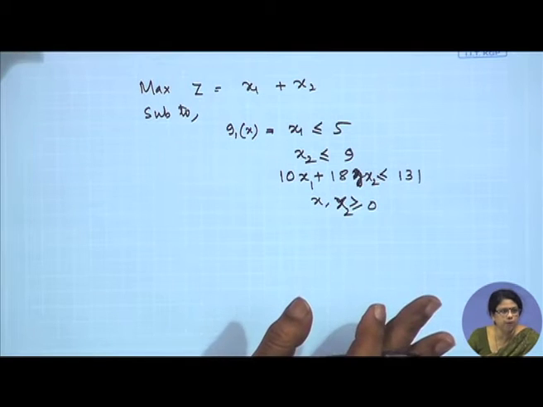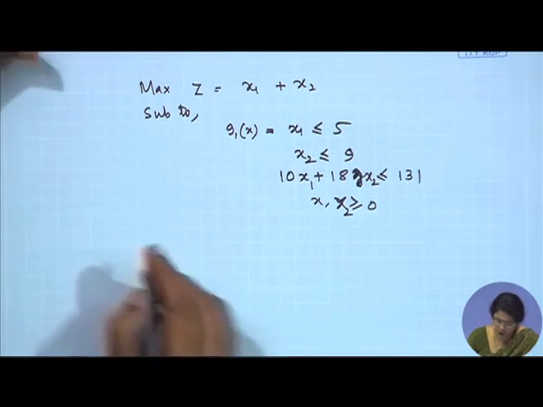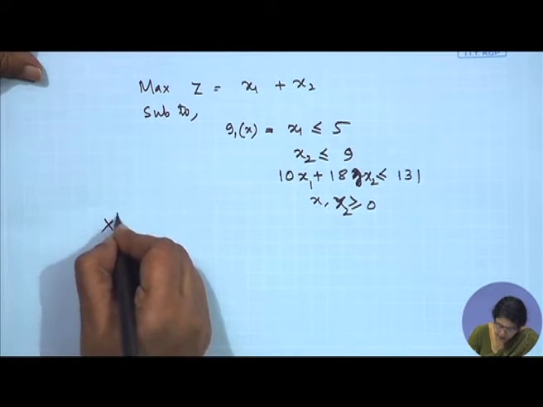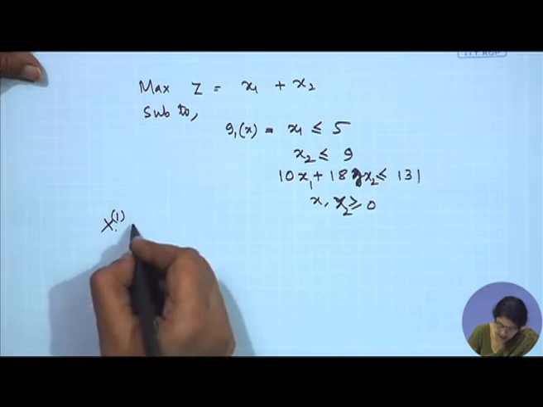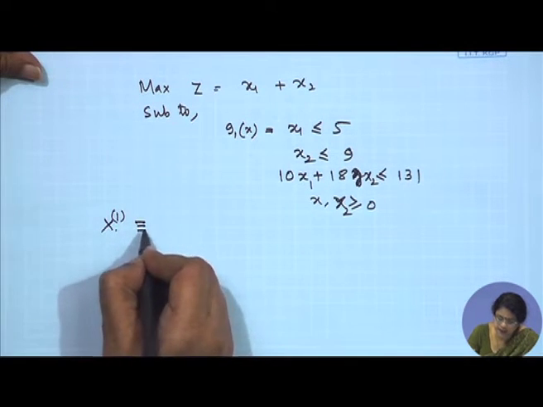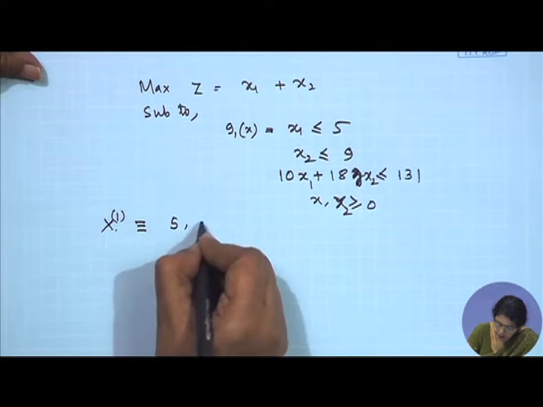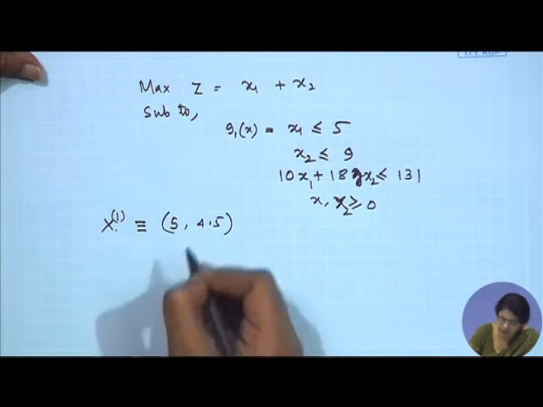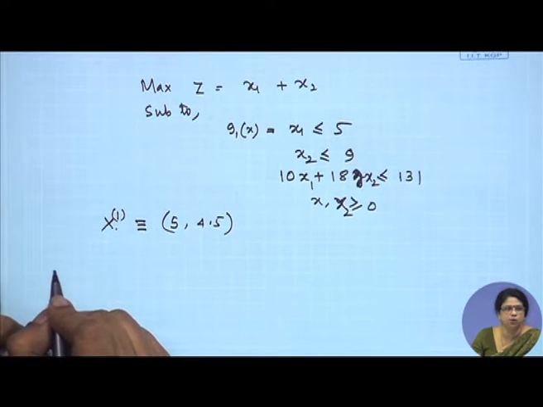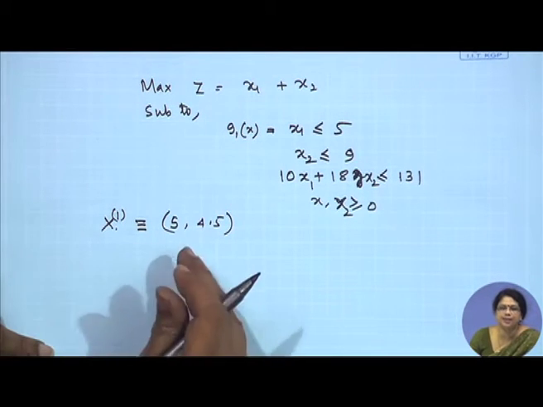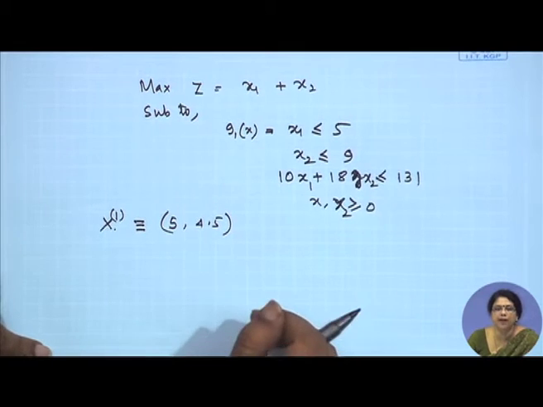If we solve this problem, this is a linear programming problem, we will get one optimal solution, which was x0. If I get x1, we will get the optimal solution at point (5, 4.5). Again we will see how much violation we have for h1 and h2. Now you must be understanding where the process will stop: once we see that the constraints are not violated, we can stop.